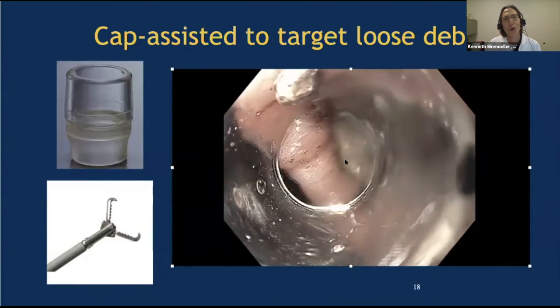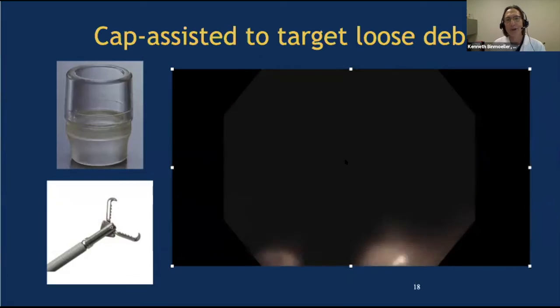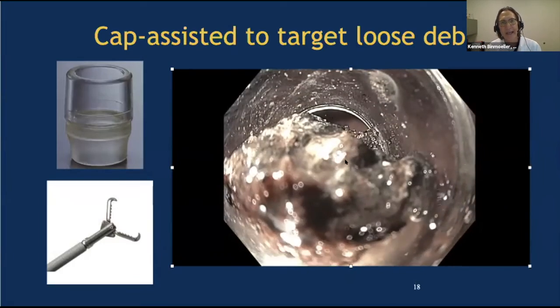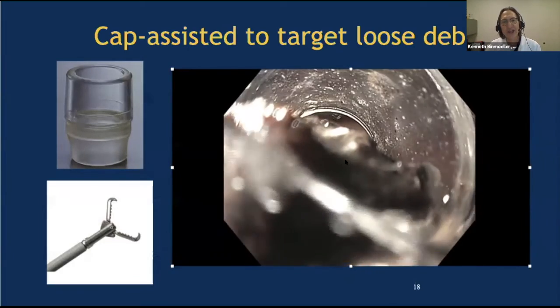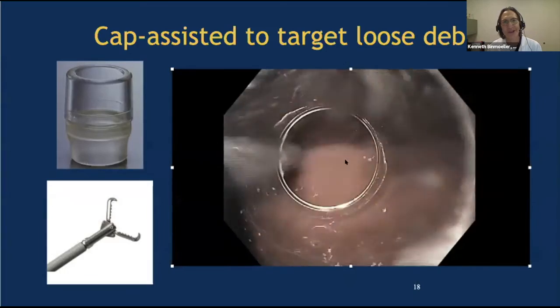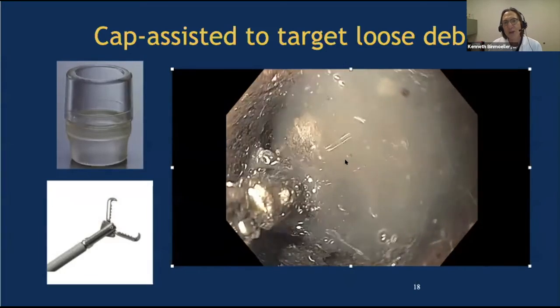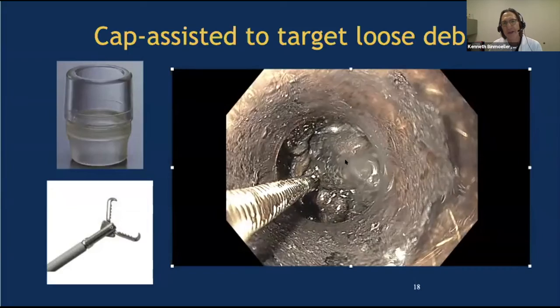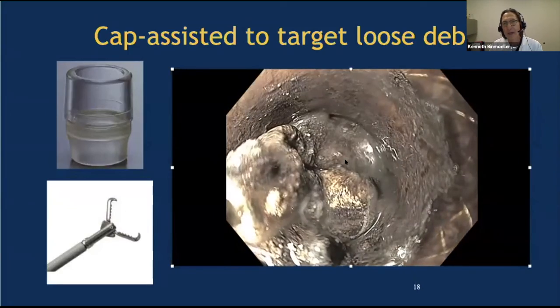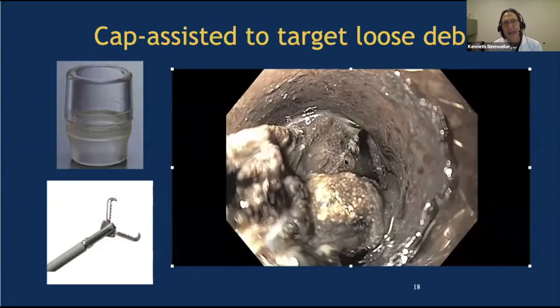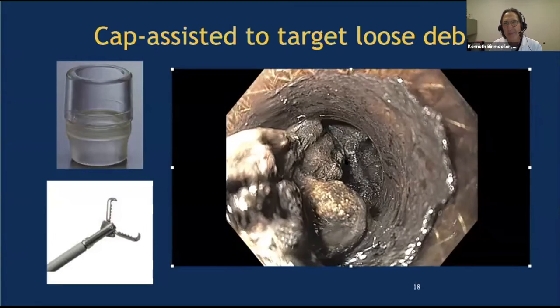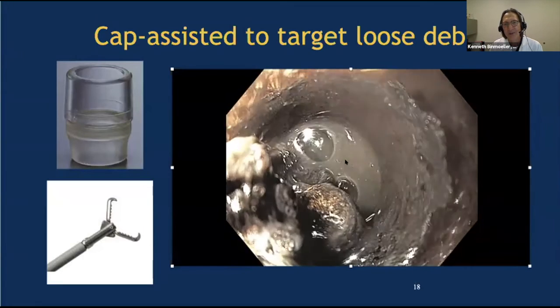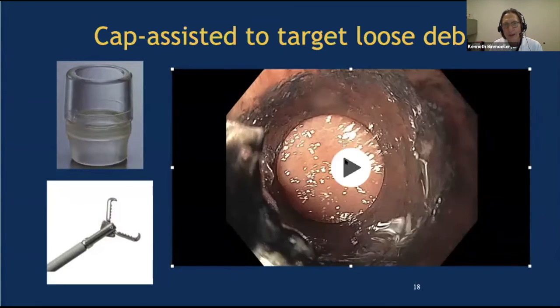Just because this is the way I do it, I love to put a cap on the end of my scope, and then I just suck the loose necroses into the cap. And then I use the biopsy forceps, but you'll notice I do nothing blind. I am really not in favor of using snares and baskets, anything pointed, because when you actually look at the wall, the pseudo wall of a WON, you see all these vessels.